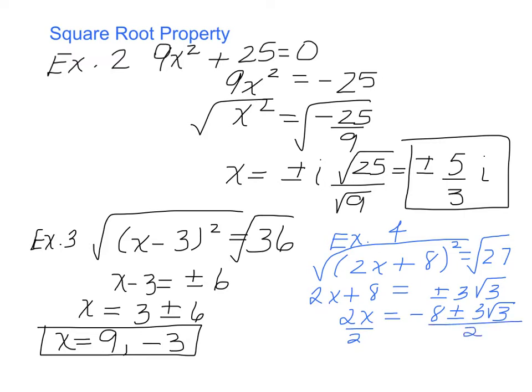And 2 can't divide both of those terms, so you're just going to leave your answer. You can split it up. Negative 8 over 2 is negative 4. Plus or minus 3 square root of 3 over 2. And we are done with that one.